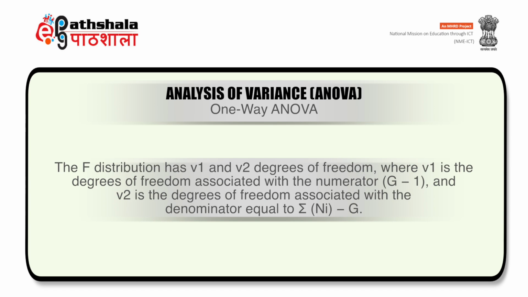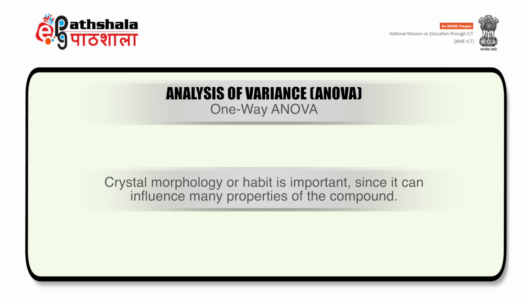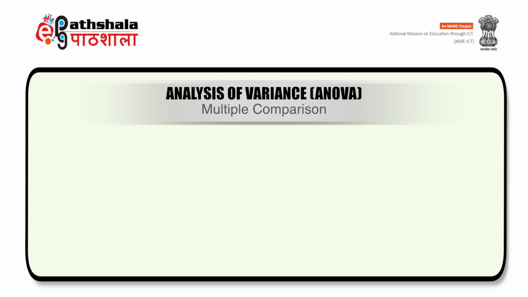The F distribution has V1 and V2 degrees of freedom, where V1 is the degrees of freedom associated with the numerator, G minus 1, and V2 is the degrees of freedom associated with the denominator, equal to the summation of n minus G. For two groups, analysis of variance results in exactly the same probability level as the two-sample t-test. Next, we will see how multiple comparison helps us.